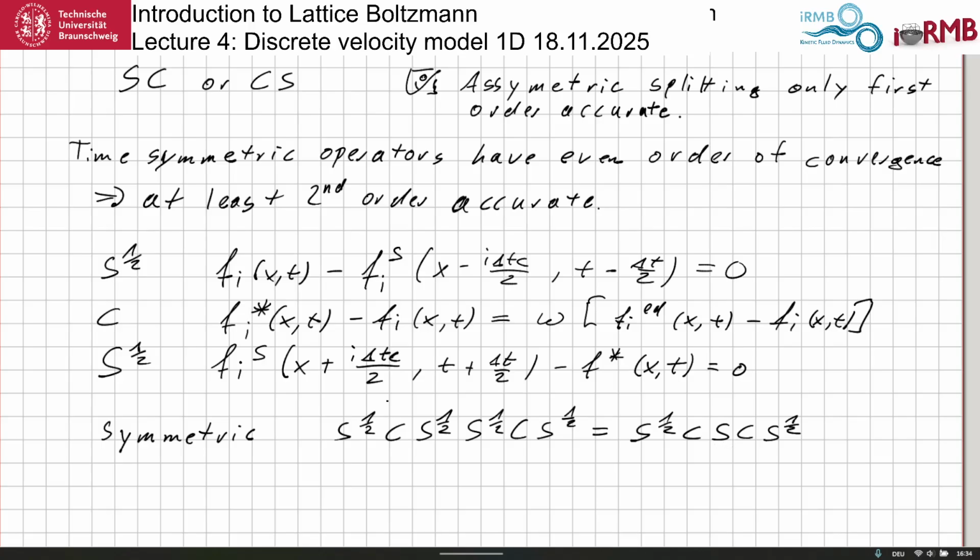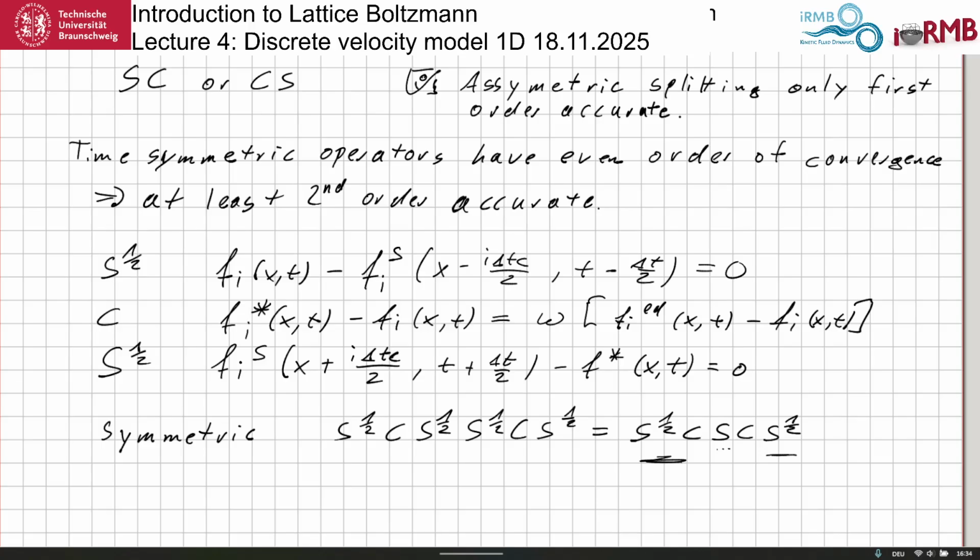In between, we do not have to do anything different from what we actually do, because we are just streaming half the distance and streaming half the distance again. It's just at the beginning of the simulation and at the end of the simulation that we are missing half a streaming.